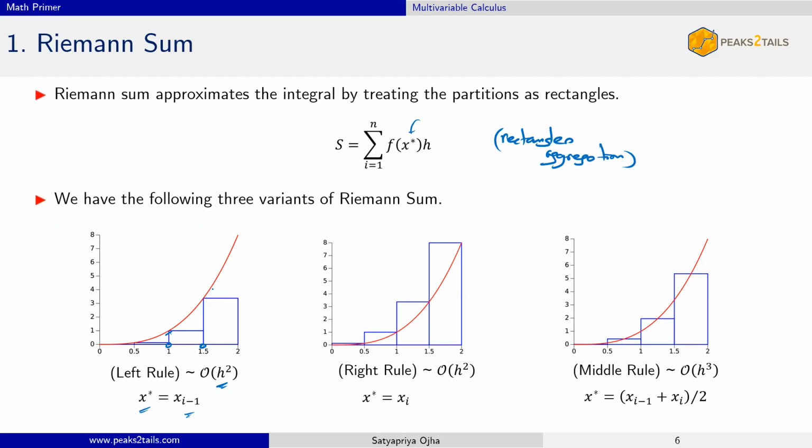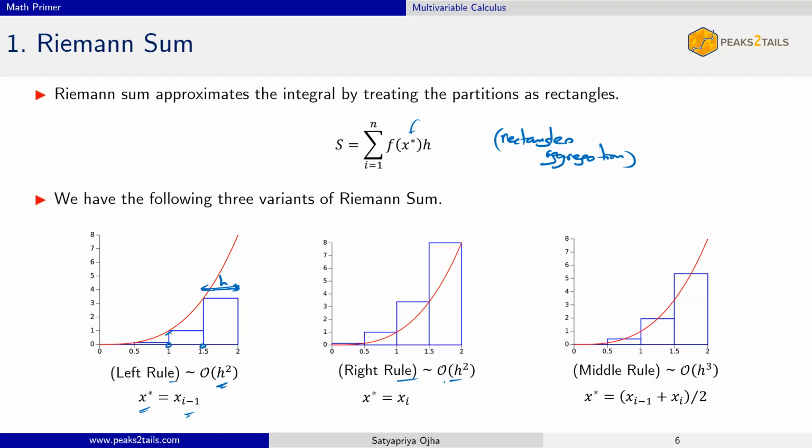So h is the thickness, right? The smaller h you take, obviously the error will go down. But the rate is h square. So the convergence happens as a square of the step size. Imagine if you use a lot of steps, h would be very, very small. It will be a fraction, so it will be a fraction square, so even smaller. The right rule and left rule have exactly similar convergence patterns.